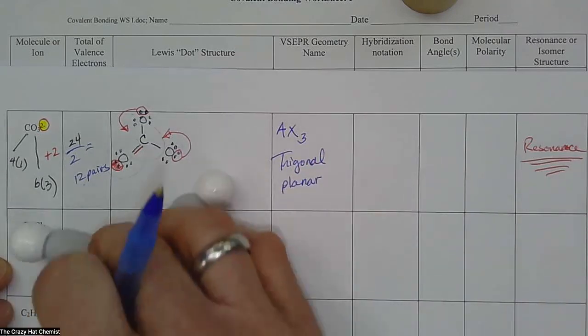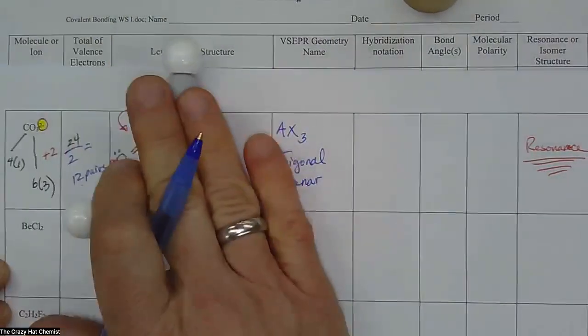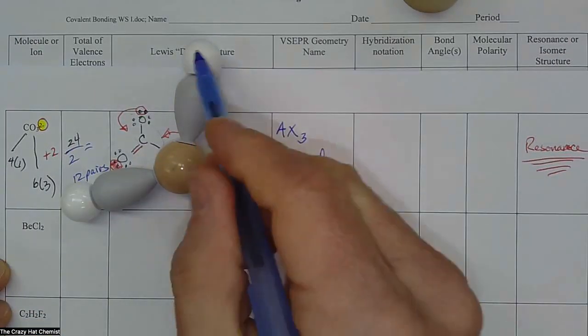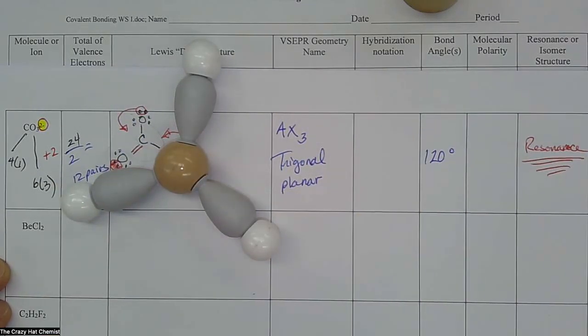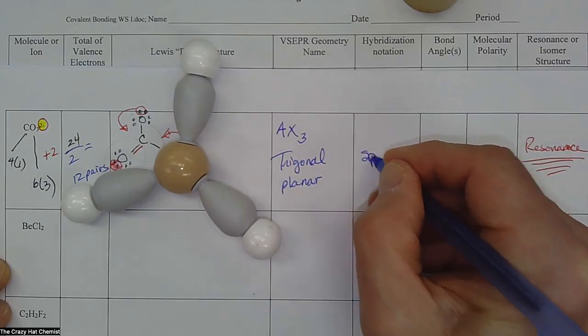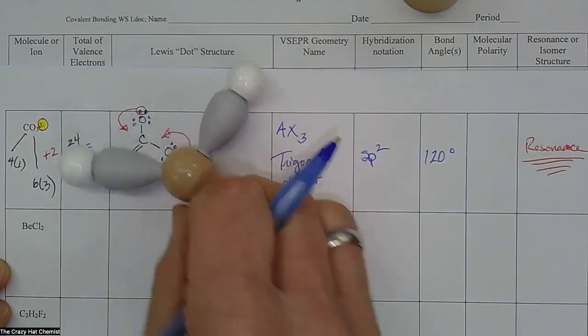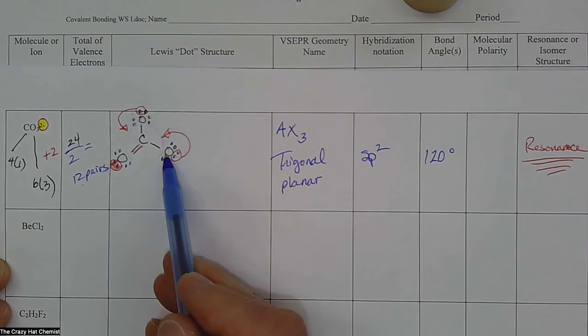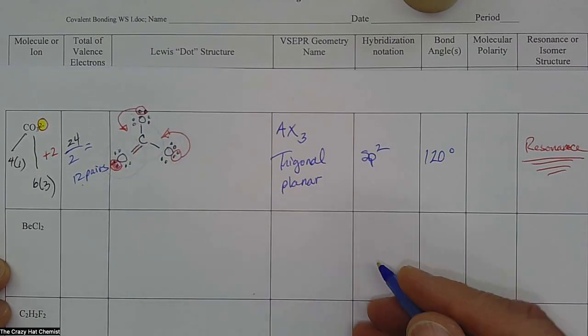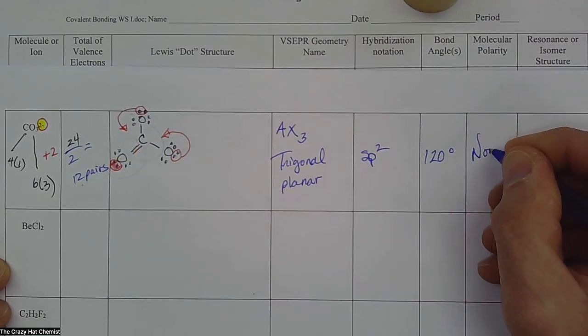It kind of looks like, man, that's an airplane. Okay, here we go. Bond angles of 120 degrees. Hybridization, sp2 hybridized, okay? And the molecular polarity. So all these are the same, therefore it's symmetrical and non-polar.